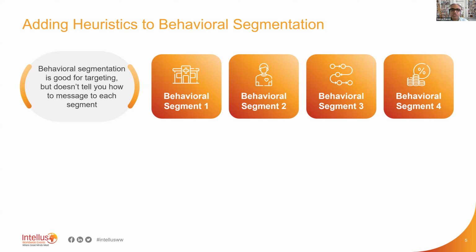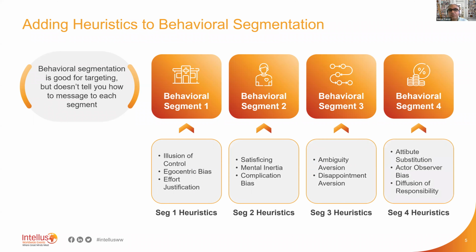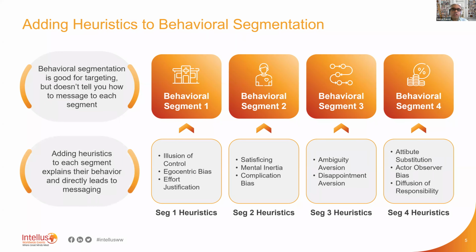So if there was a way to figure out the dominant decision heuristics of each segment, and we're going to show you how to do that, you could augment your behavioral segmentation with this heuristics information. And now you can ignore the rest of the profile of the segments; the behavioral information, etc., is not necessary anymore.